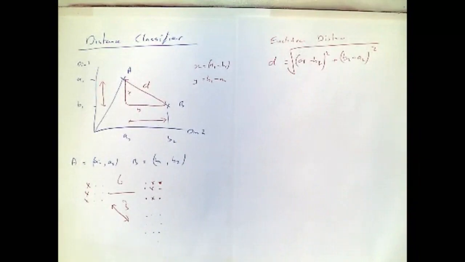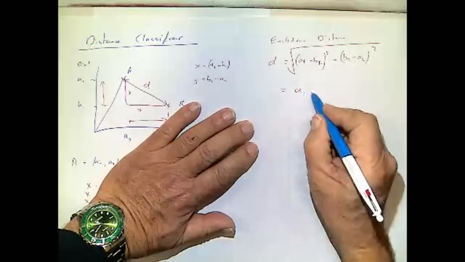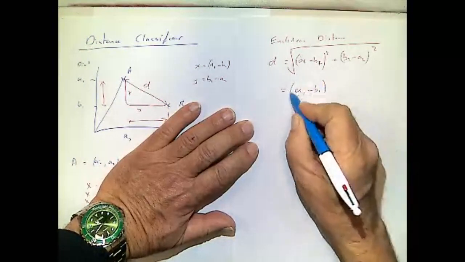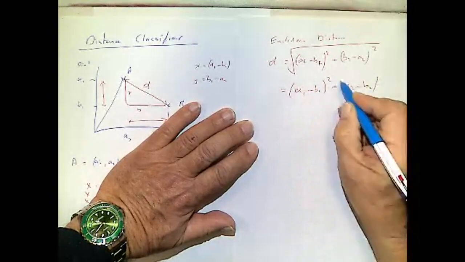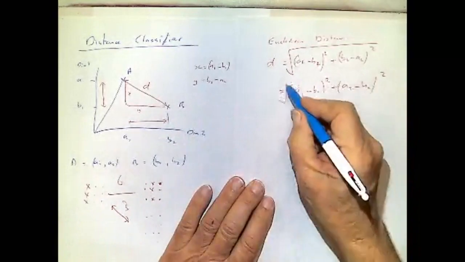And of course, because the elements of the vectors are being squared, it doesn't matter which order I write them down. So for a more standardized form, I can write that equal to a1 minus b1 squared plus a2 minus b2 squared. It's exactly the same because of the squaring operation and the square root.